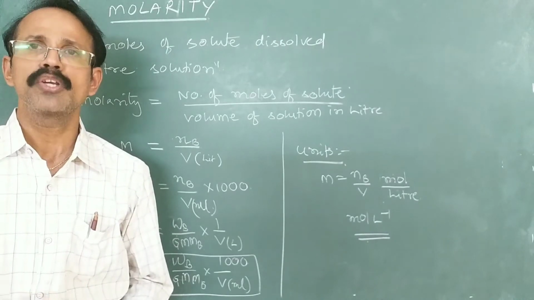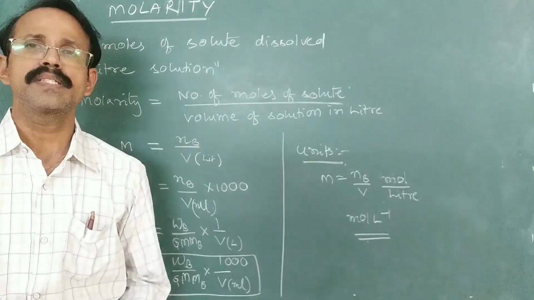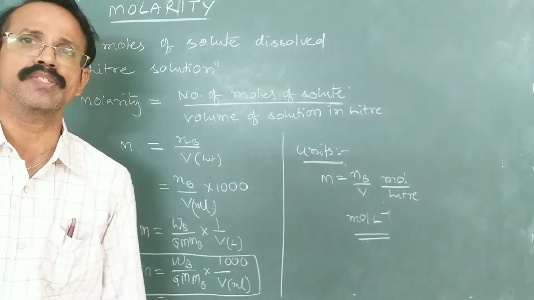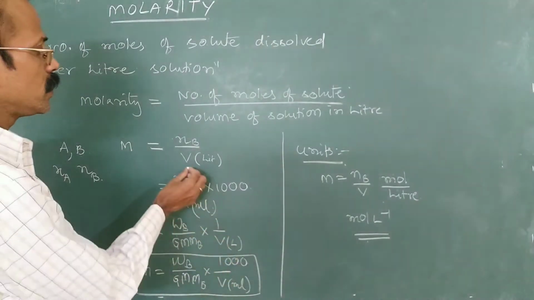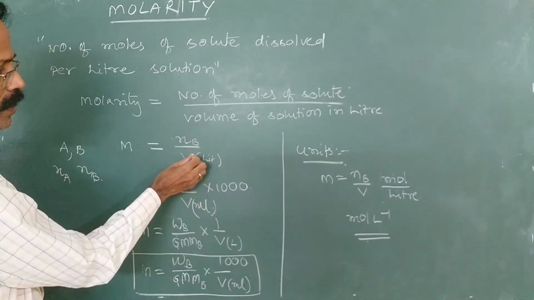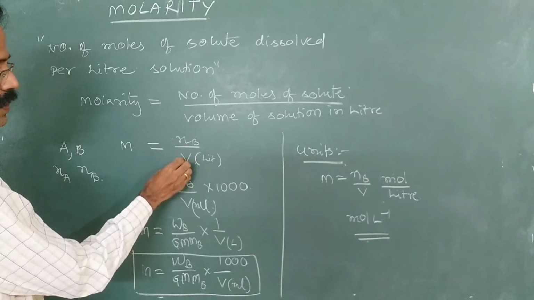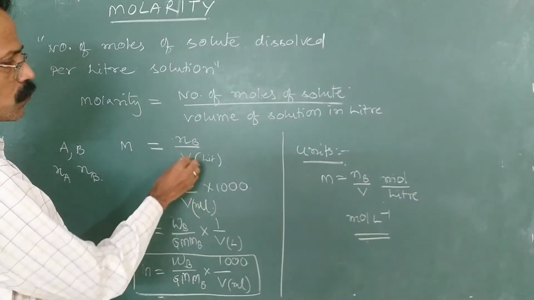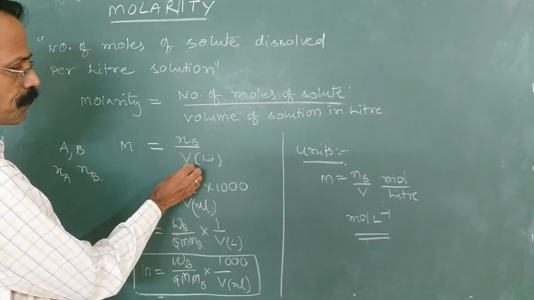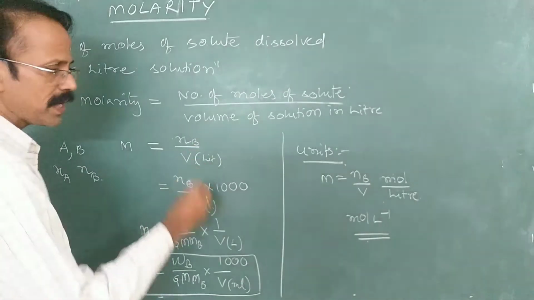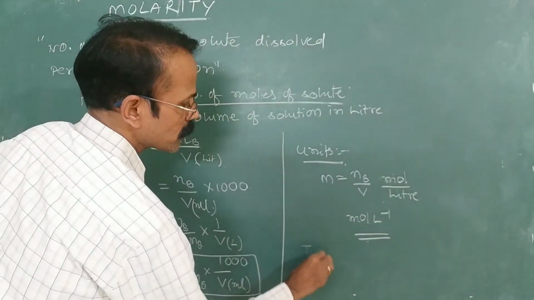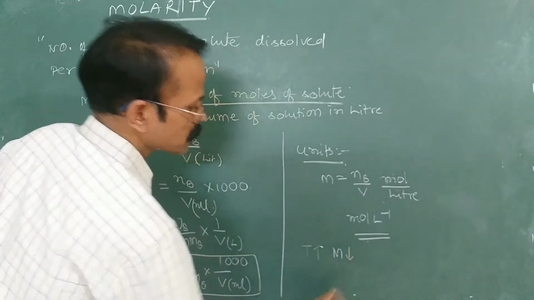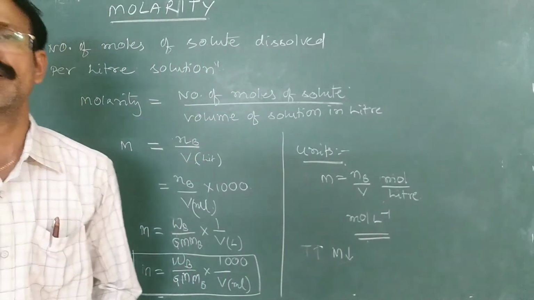That means volume increases, and if volume increases, the number of moles per unit volume will decrease, or molarity will decrease. If you raise the temperature, volume increases, so the denominator value is increasing, so molarity will decrease. So this is the effect of temperature.